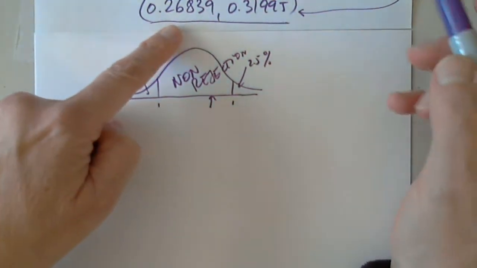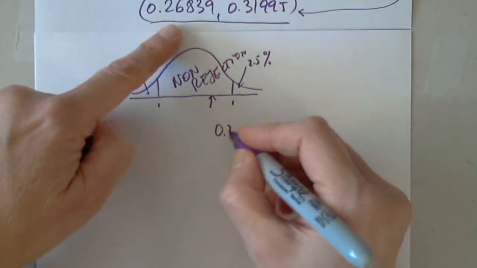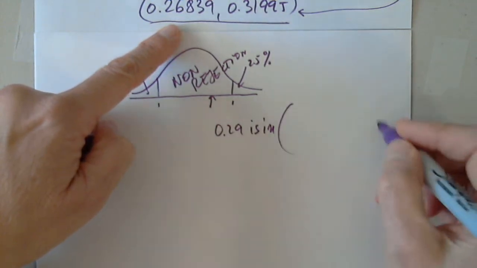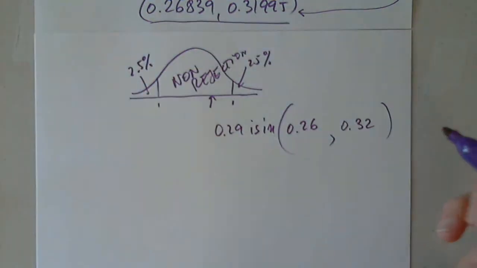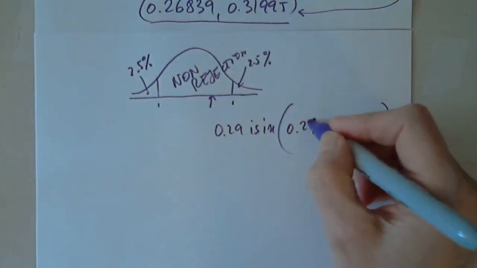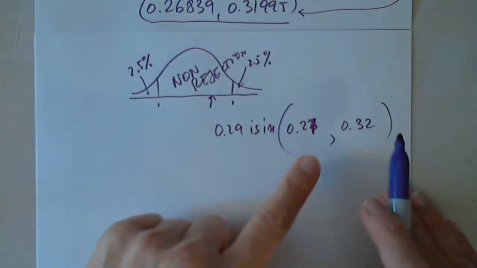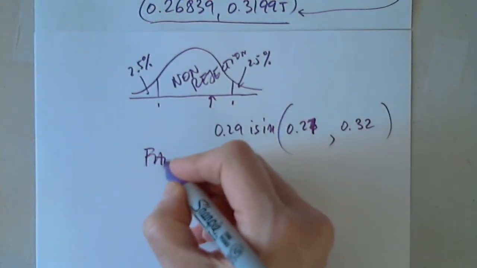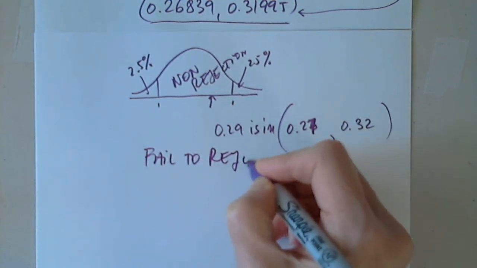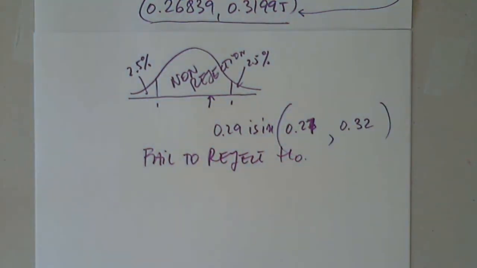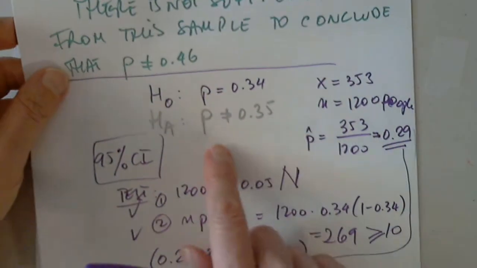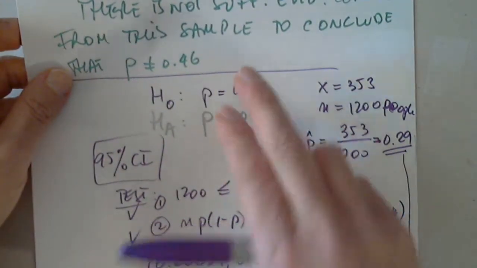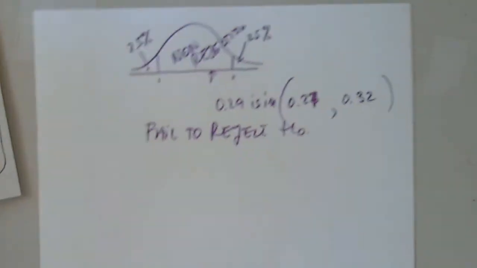So because p hat, 0.29, is inside the interval 0.26 and 0.32, 0.27 if you want it approximated, because this is in this interval, we fail to reject the null hypothesis. So we can use the confidence interval to test only when we have a two-tailed test, not when we have a one-tailed test alone.